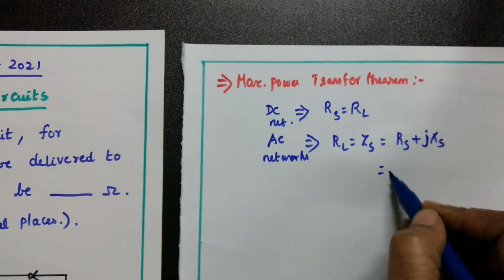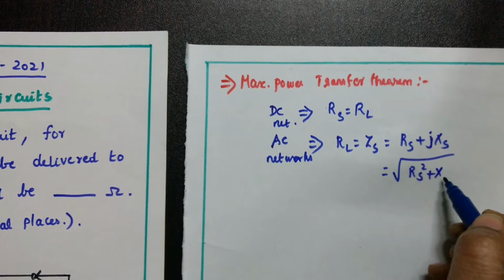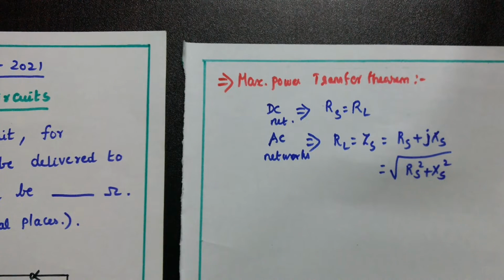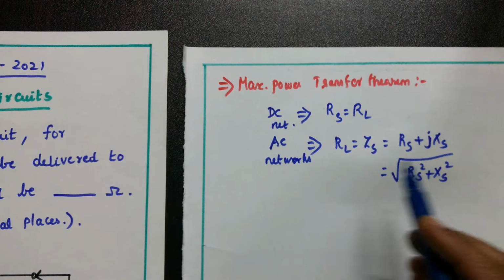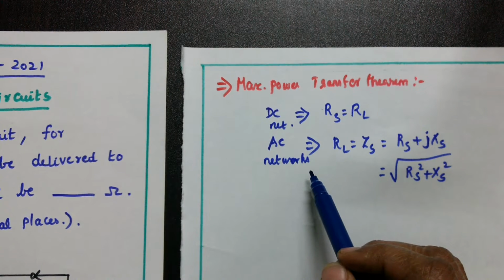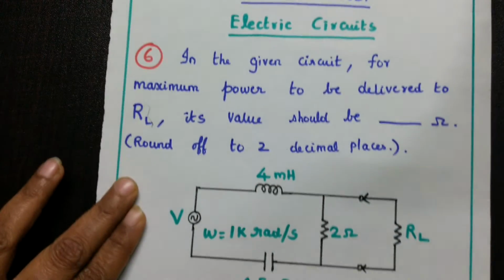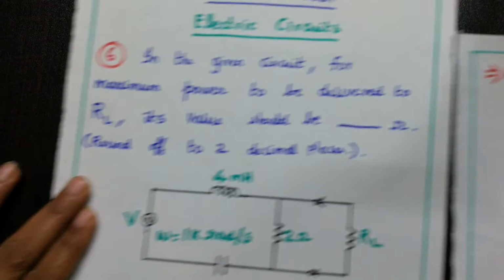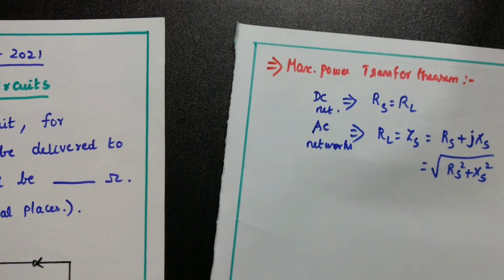So the magnitude of this is the square root of RS square plus XS square. This is the condition for the maximum power to be delivered to the load resistance in the case of DC networks and in the case of AC networks. The given circuit is AC, so we can consider the second formula and solve the problem now.